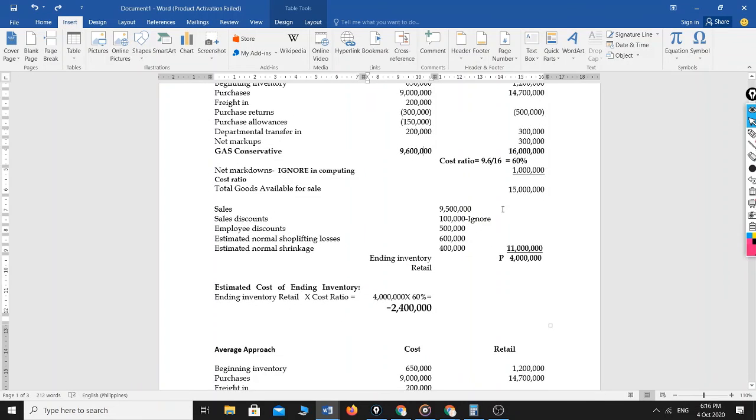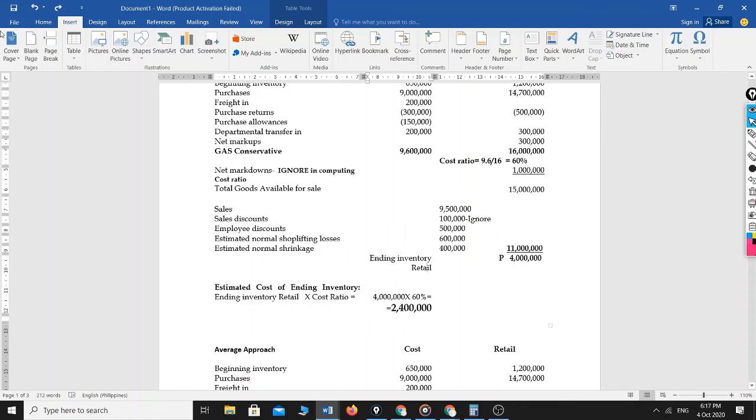Then you need to know the amount of the ending inventory in retail, because that is our basis to convert the ending inventory retail to ending inventory cost.